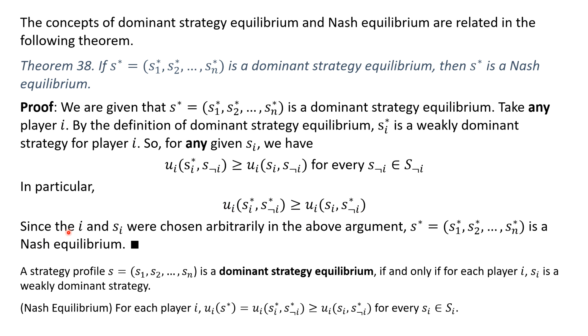And since I and S sub I were chosen arbitrarily in the above argument, S star is a Nash equilibrium. And notice this here is exactly the third definition we gave for Nash equilibrium.